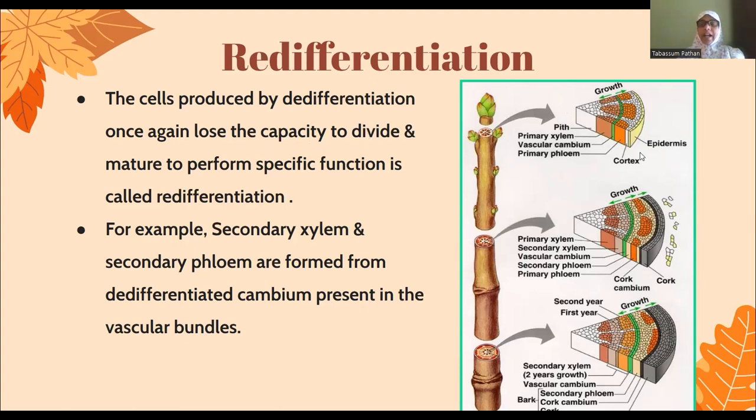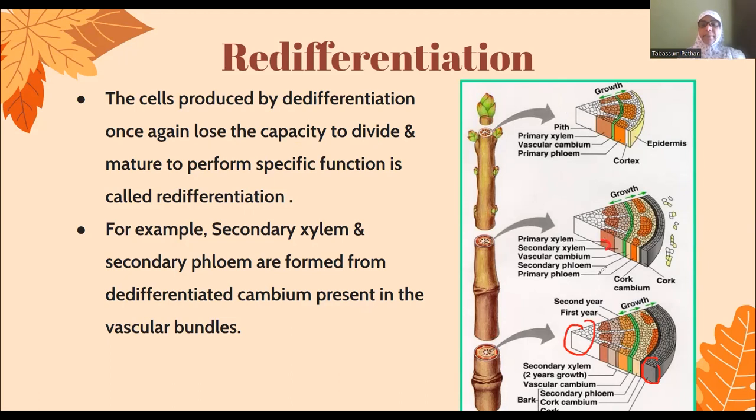You can have a look at the layers of how the cells are arranged, which we have discussed in earlier videos also. In this diagram you have the bark, then a thicker layer, which forms your cork cambium. Then you have the vascular cambium. The innermost is the pith, and this is your primary xylem, the pink one.